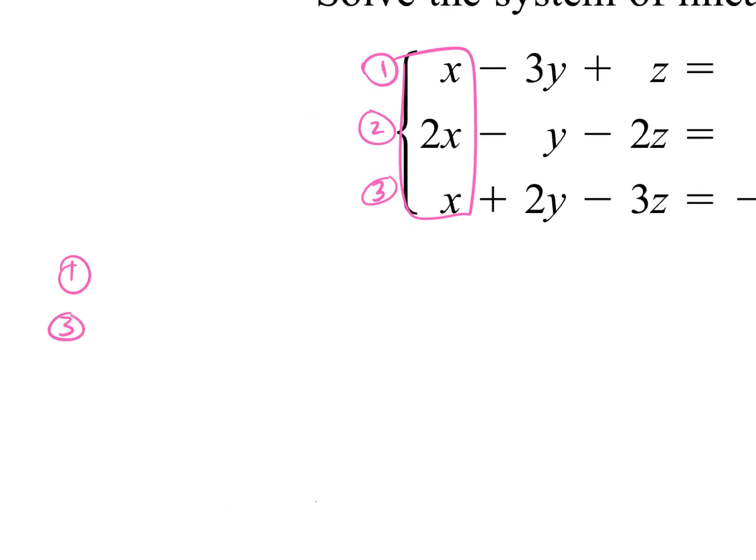So let's do 1 and 3. And since I heard 1 and 2, I'll do that one next, because we have to do this step twice anyways. So equation 1 is x minus 3y plus z equals 1. And equation 3 is x plus 2y minus 3z is equal to -1. Do the x's cancel?